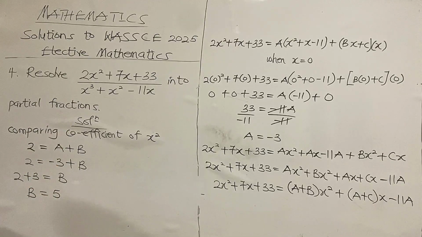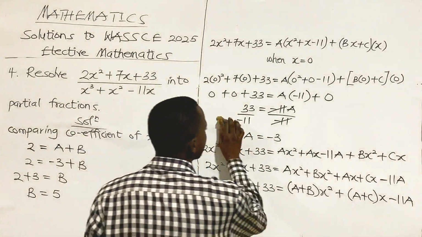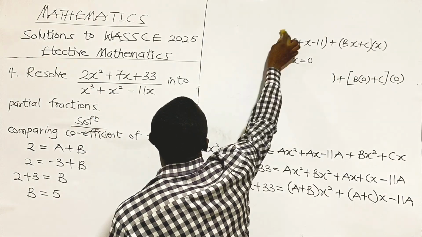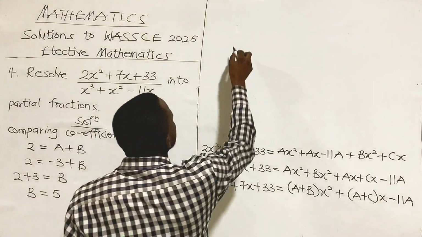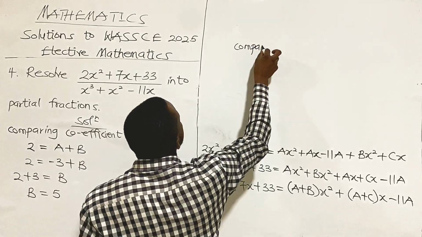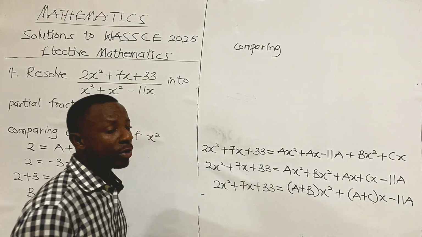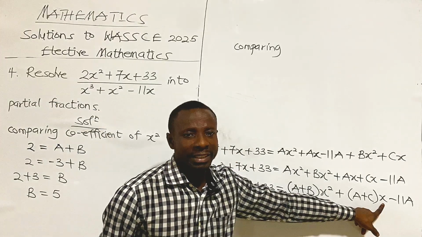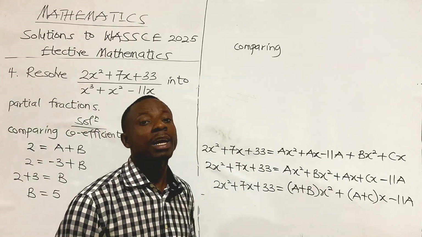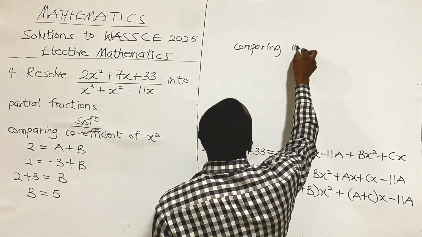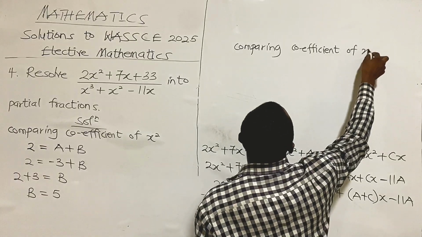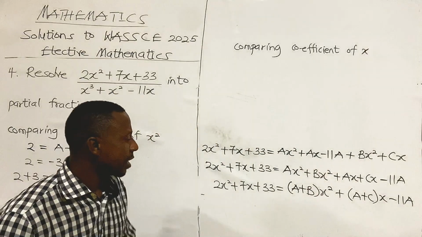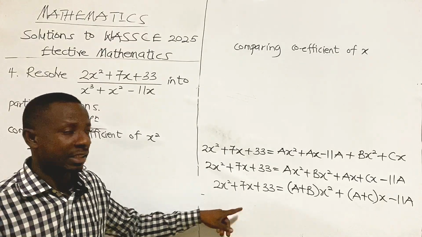So now let's look at the value of C, how we can do it. So here we are also comparing. So here we are going to compare the coefficient of x, because that is where the C can be found. So comparing coefficient of x, we could see that from here the coefficient of x is 7.